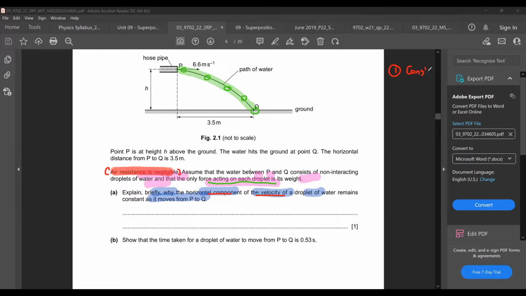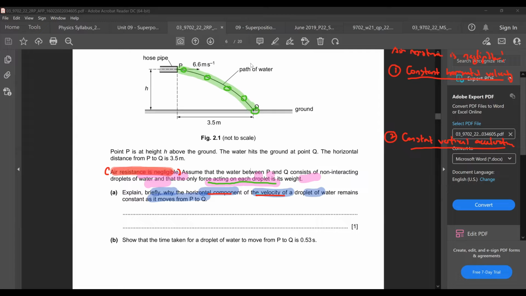You will have constant horizontal velocity, and then you have constant vertical acceleration. Okay, these are the two main things that normally come when air resistance is negligible.